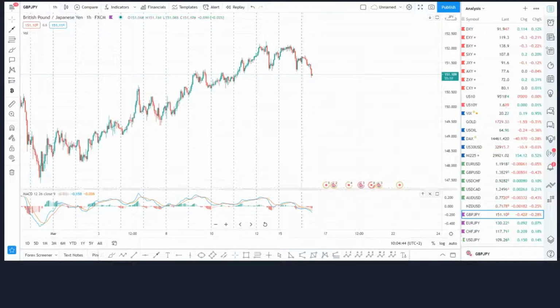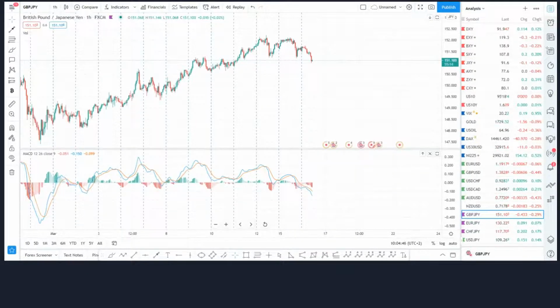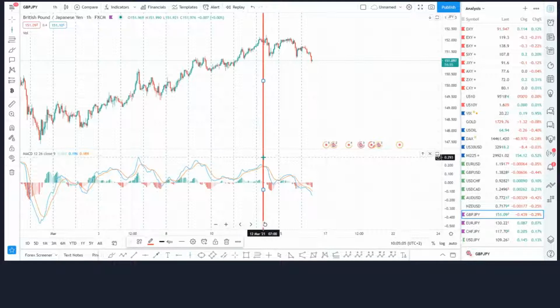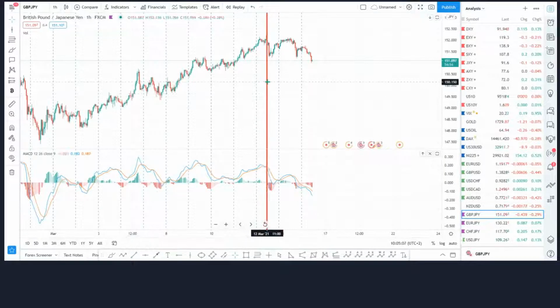Okay, guys. So basically, we can explain more in the MACD. MACD, one of the strongest indicators you can trade with. Okay, don't underestimate the MACD. So here, if you do compare this, let's just put a vertical line. This high.